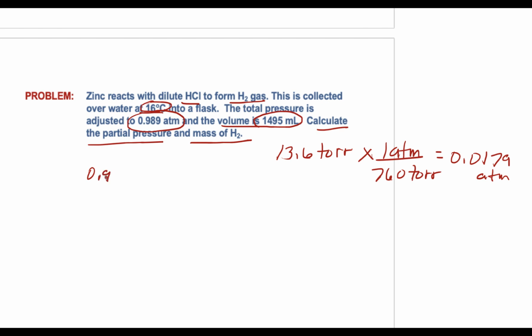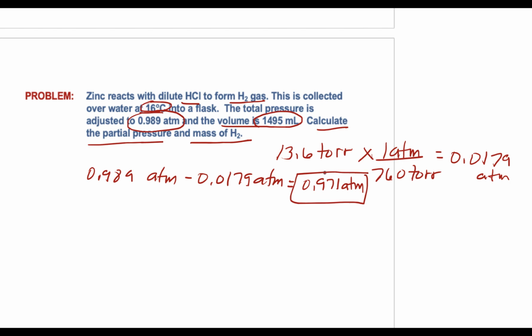We have 0.989 atmospheres minus 0.0179 atmospheres, and that is 0.971 atmospheres. So this is the partial pressure of the hydrogen.